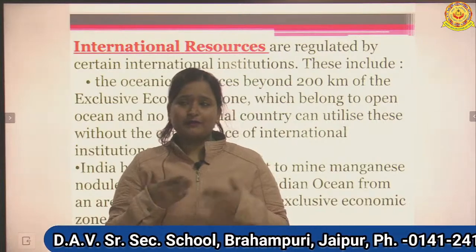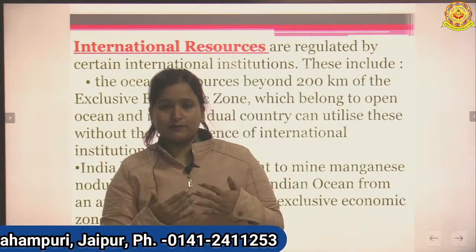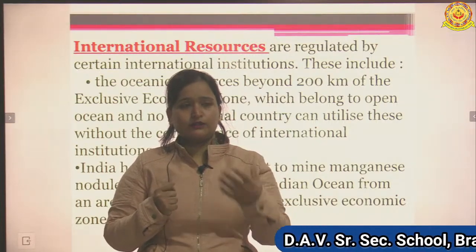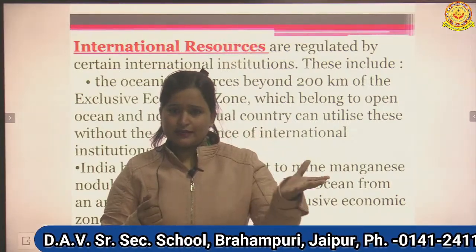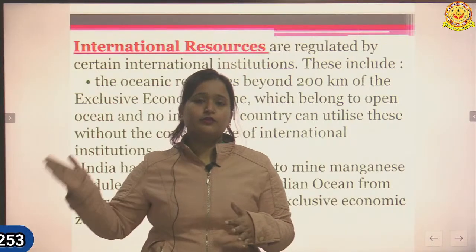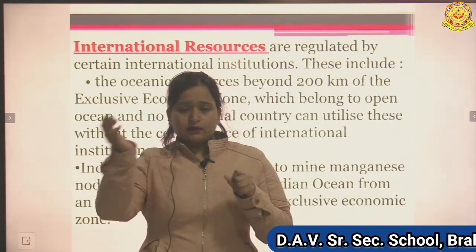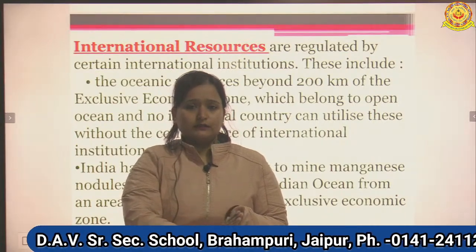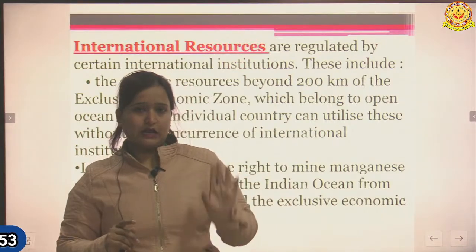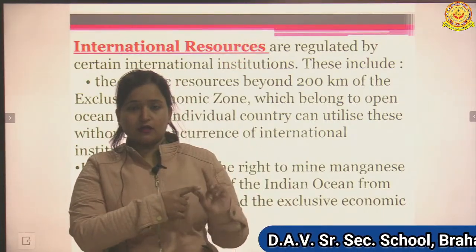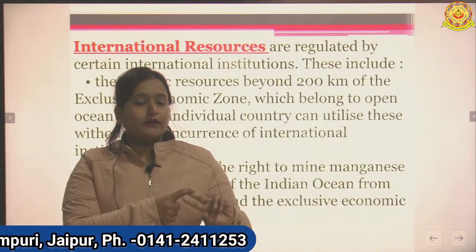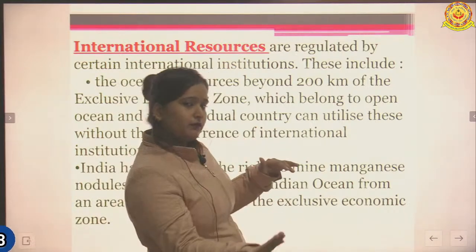Examples are soil, wind, water, sun rays, etc. Next is non-renewable resources. These will become extinct after use if we use them in a huge amount, and even if we use them gradually, they will become extinct after a particular time.